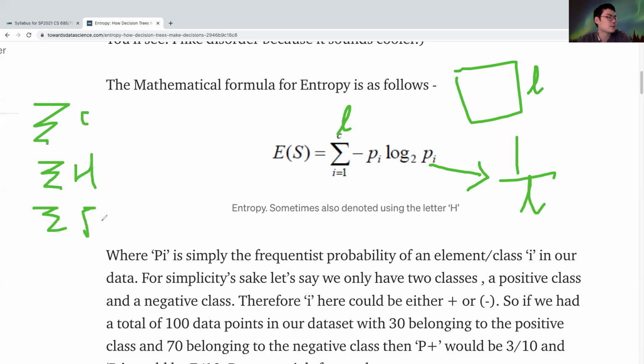Then this is the most evenly distributed. So L is 3, each one is 3 by 9, so p_i is 1 by 3. So 1 by L: you have L values and they're uniformly distributed, each one has probability 1 by L, and they sum up to 100%.